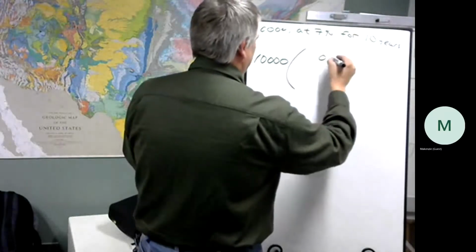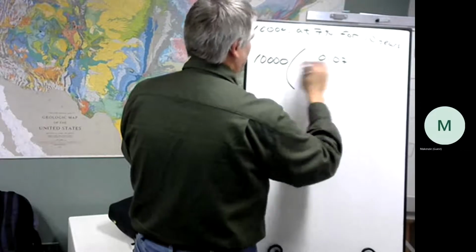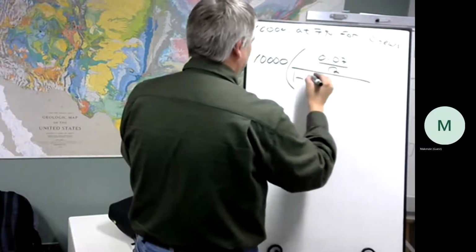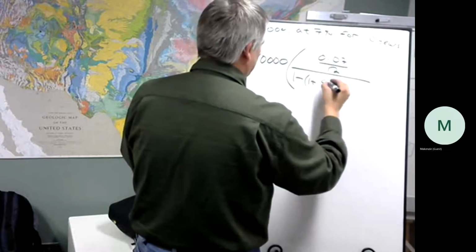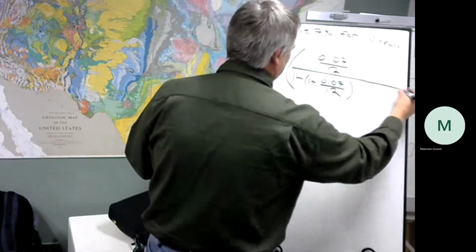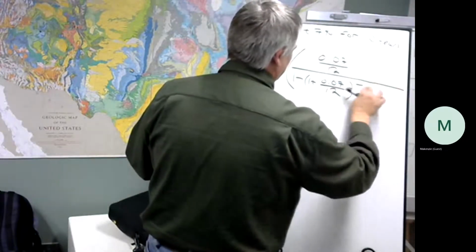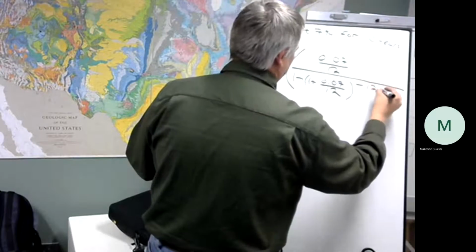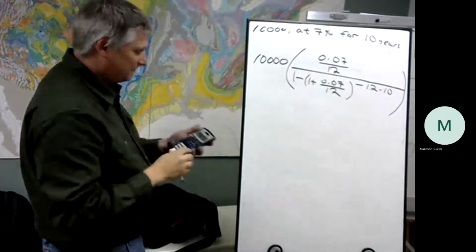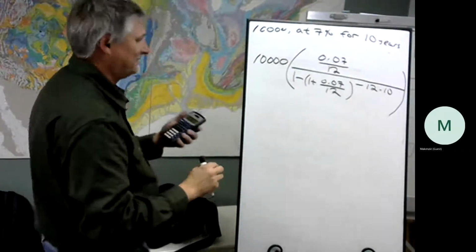So I got my 0.07 over 12. 1 minus 1 plus 0.07 over 12 to the minus 120, or the minus 12 times 10. So if I do 0.07, sorry, I apologize, I think I made a mistake.